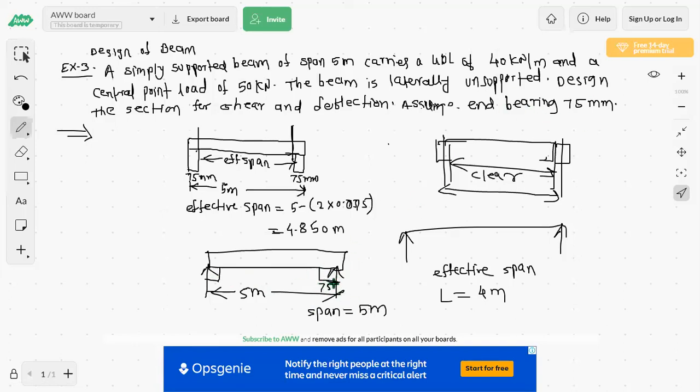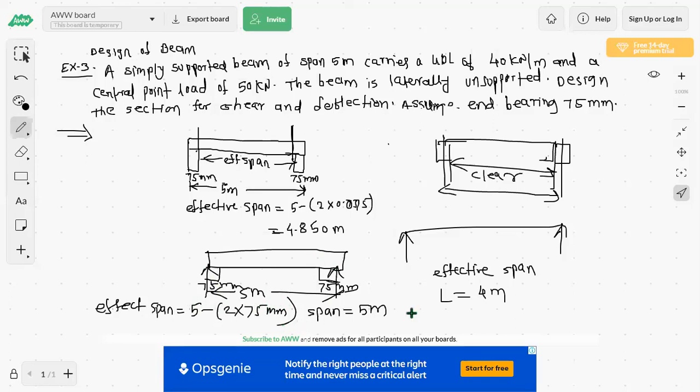These end bearings are 75 mm. So we have to calculate the effective span here: 5 minus 75 mm and 75 mm, so 2 into 75 mm we have to deduct. This is the effective span for this condition. Are you getting now?